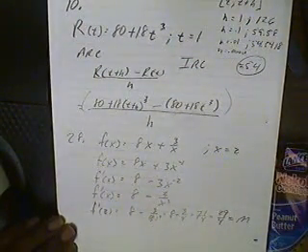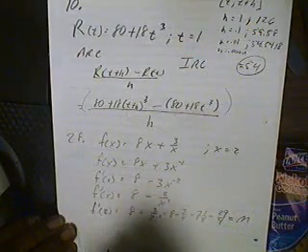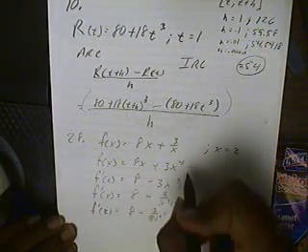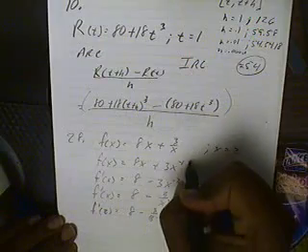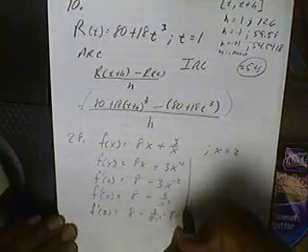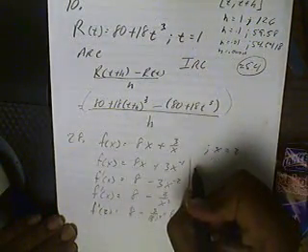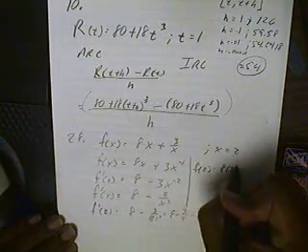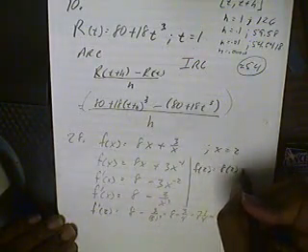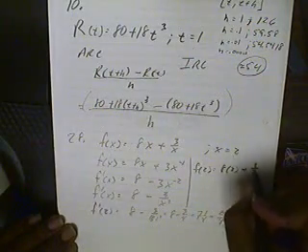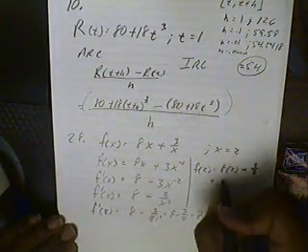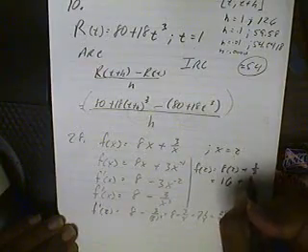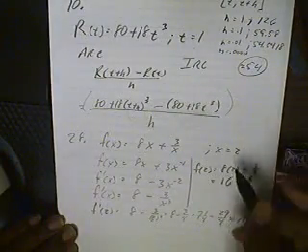Now that we have a slope, we want a point. Let's get the point by putting 2 into this function here. So f of 2 will be 8 times 2 plus 3 over 2. This will be 16 plus 3 over 2.